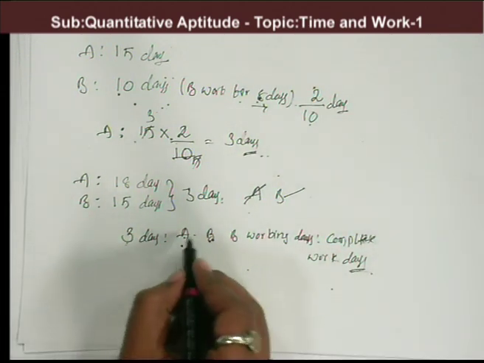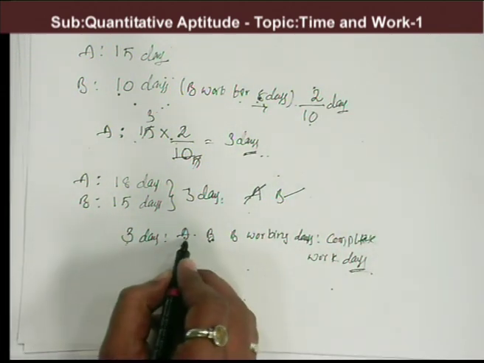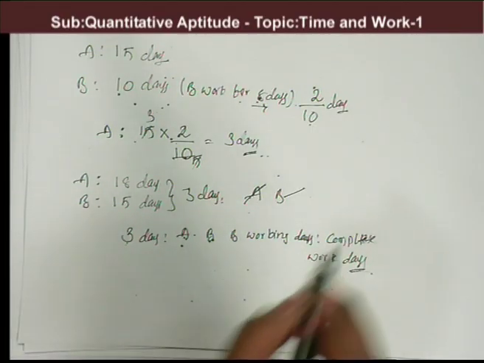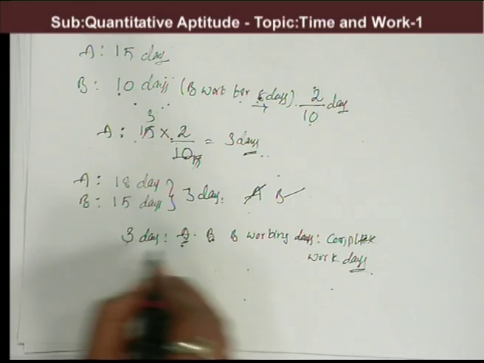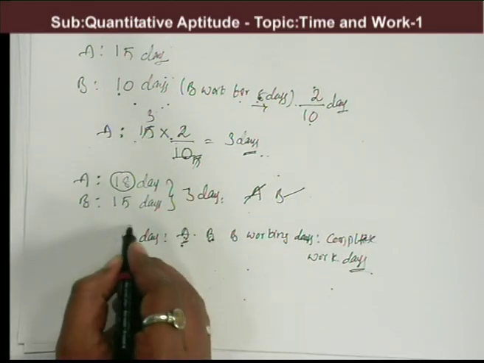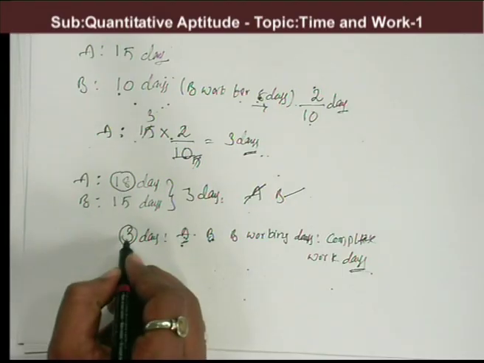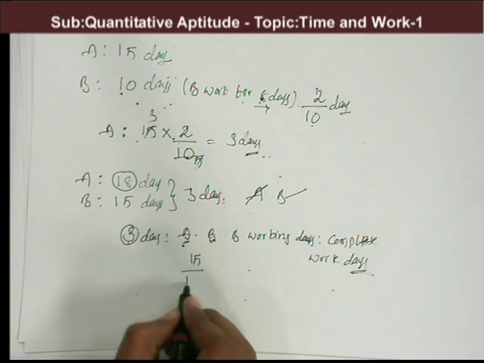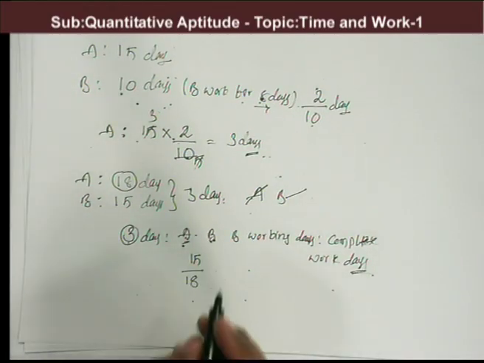So, A worked for 3 days, and after 3 days the remaining work is completed by B. Out of 18 days, A is working 3 days, which means the remaining 15 days of work remains, that is 15 by 18.